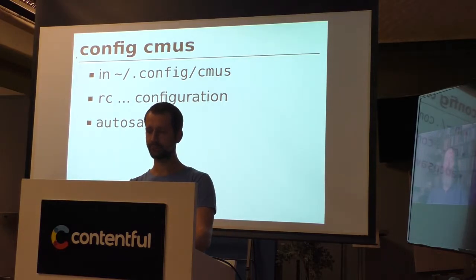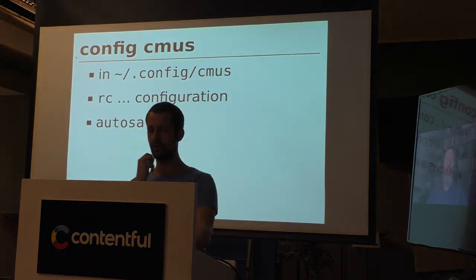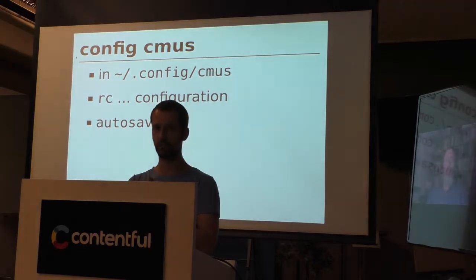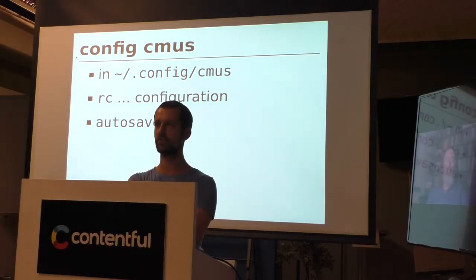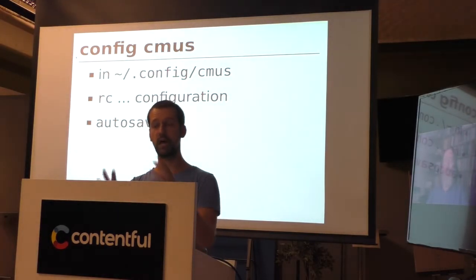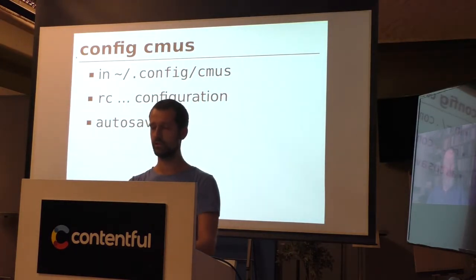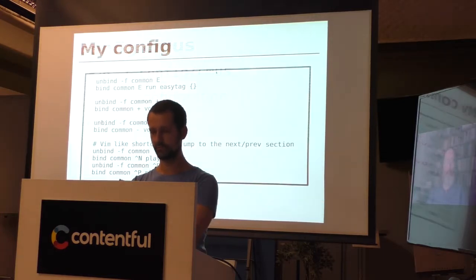And the important thing in CMUS, it took me a couple of hours to find out: when you are editing your current CMUS session and want to persist all the changes you made, so you can change some mappings or the layout of the color, just type in autosave and then it will save all the settings for you in your CMUS settings. So then it's all saved.